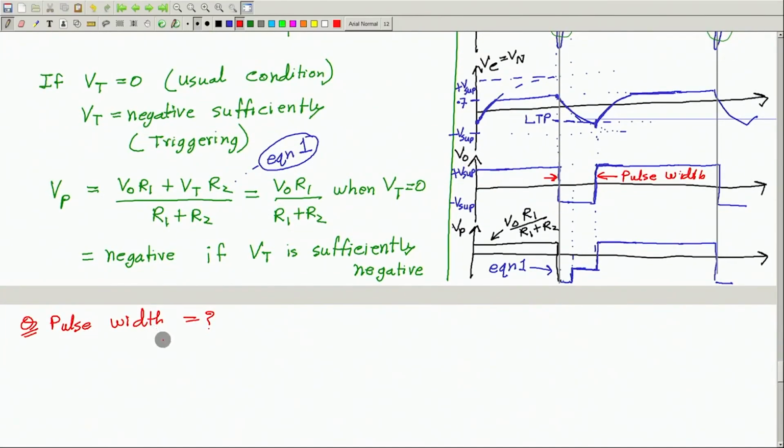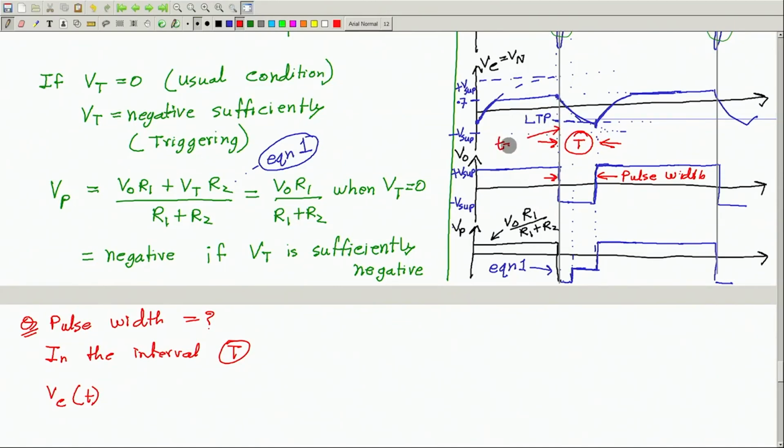Okay. Now, what is the expression of Vc, capacitor voltage here? Call this time interval t. In the interval t, we can write Vc as a function of t, starting from this as my t0.